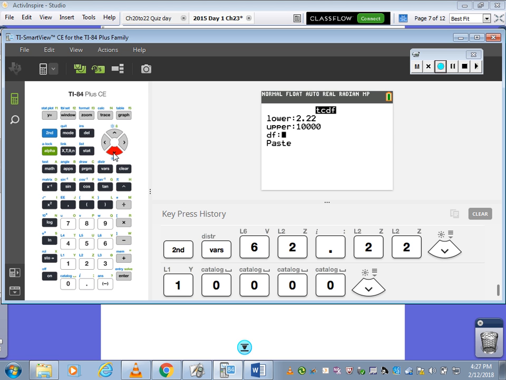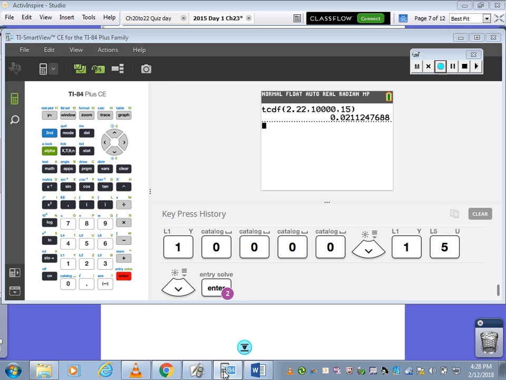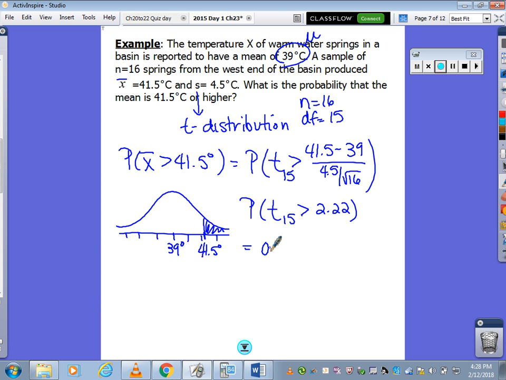The shape of this depends on the degrees of freedom, which in this case is 15. Then paste it. We're looking up the area under that curve, so that's about 0.021. That's this area.